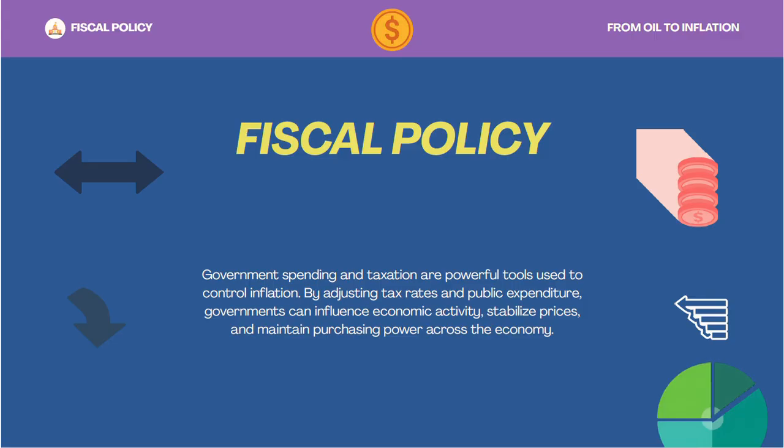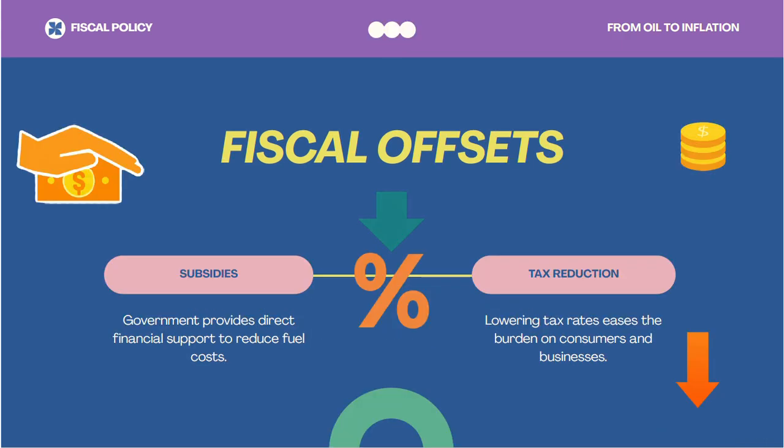Next, we have part 2 of the video, which is the fiscal side, that is the government role. Fiscal policy refers to the government's decisions on spending and taxation. When fuel prices rise, the government may use fiscal offsets, that is, reduce taxes and provide subsidies.